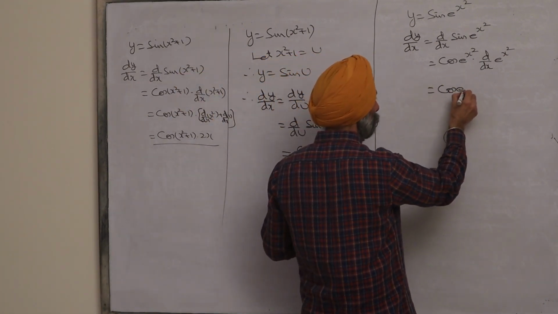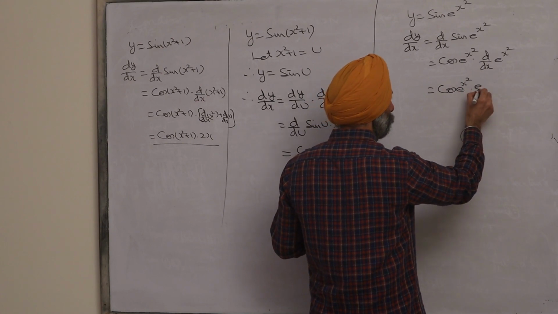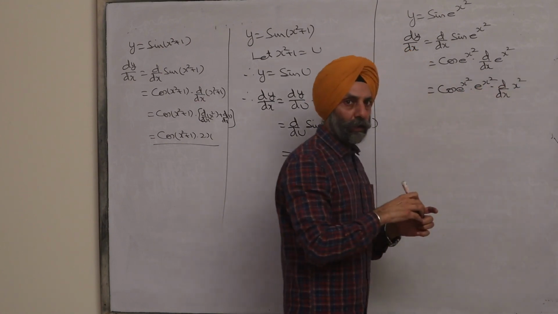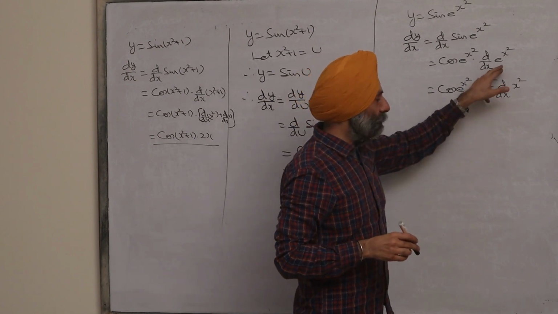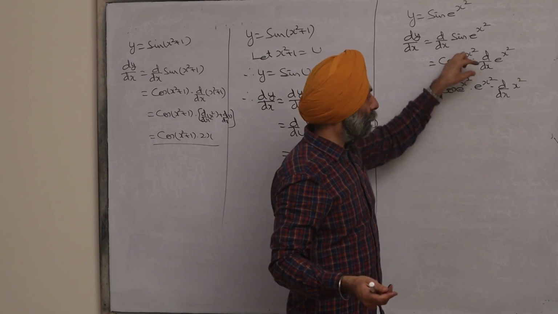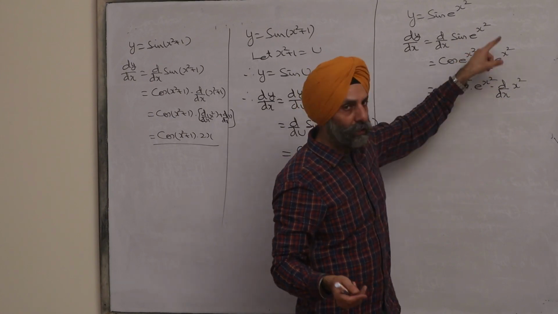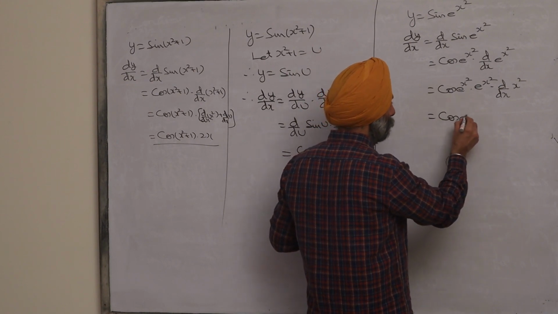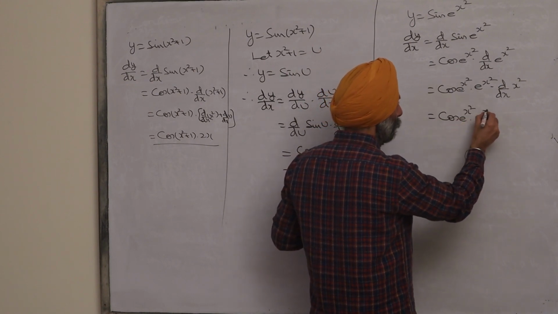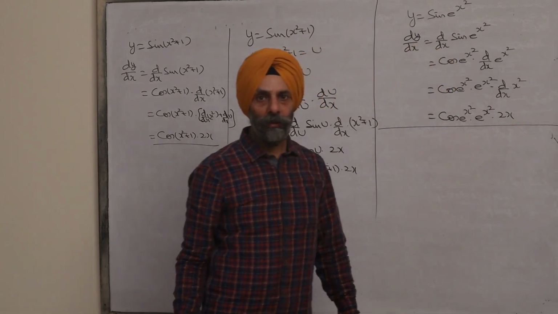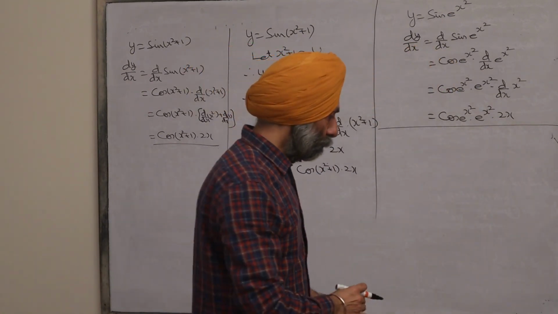It is cos of e raised to power x square into e raised to power x square into d over dx of x square. Why is it this? Because differential of e raised to power anything is the same, but here it is not x, it is x square. It again needs to be differentiated. So it is cos of e raised to power x square into e raised to power x square into 2x.